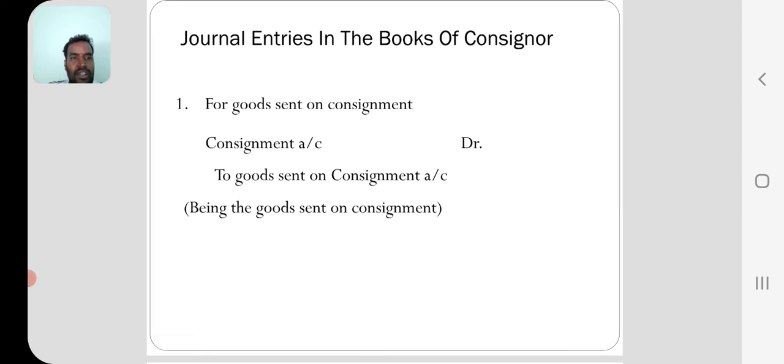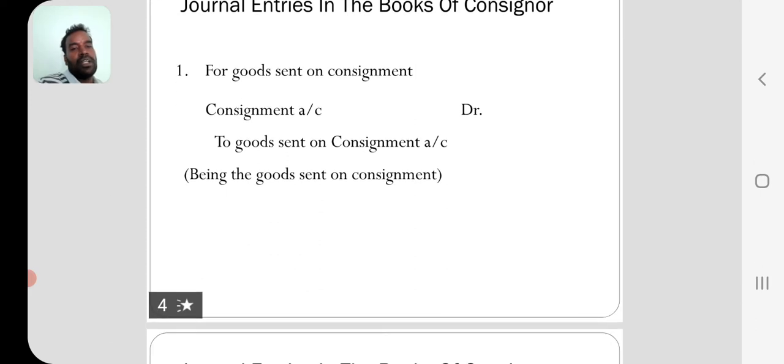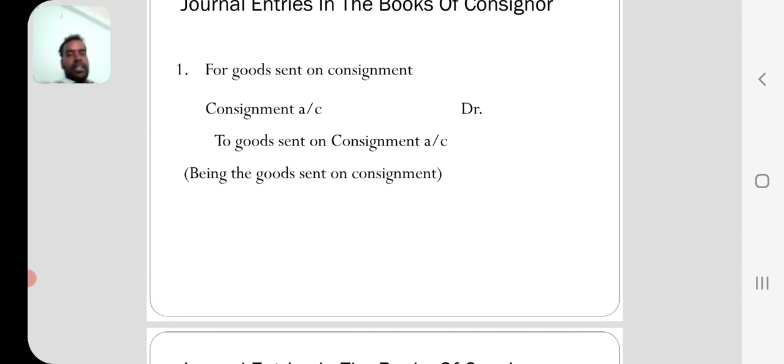So, journal entries. See here, when goods are sent from the consignor to the consignee: Consignment account debit to goods sent on consignment account.